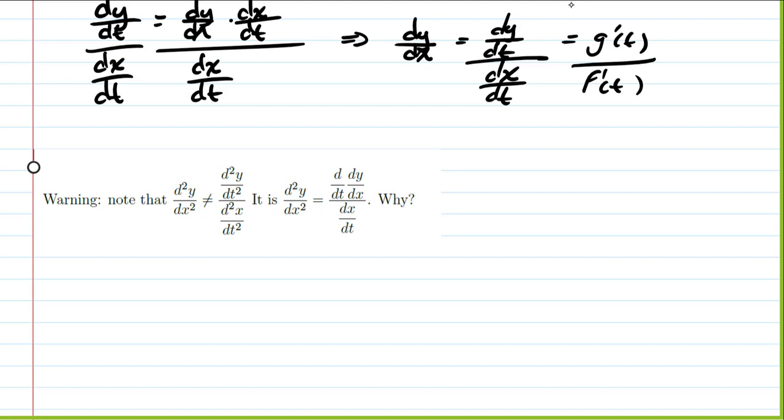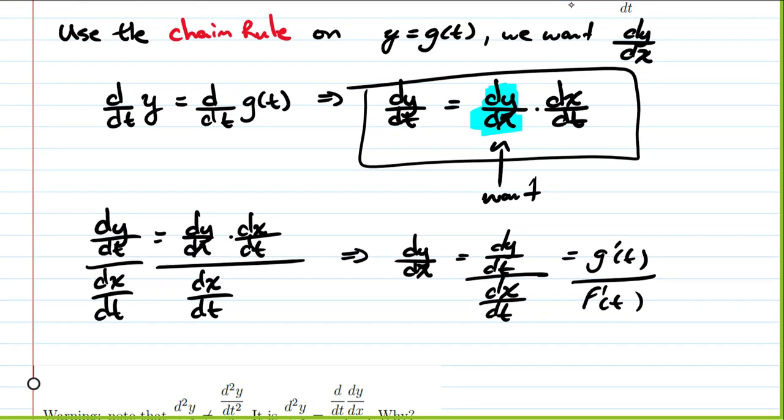It is d2y/dx squared is d/dt of dy/dx, over dx/dt. So why is that going to be the case? Well, because we'd have to do exactly the same thing again.